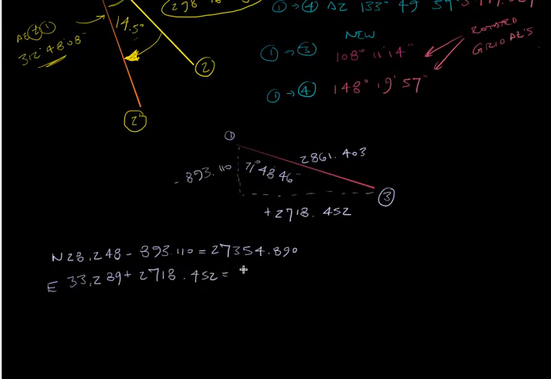And that's going to give you 36,007.452. Alright, so that's your new state plane coordinate, northing and easting, for point 3.